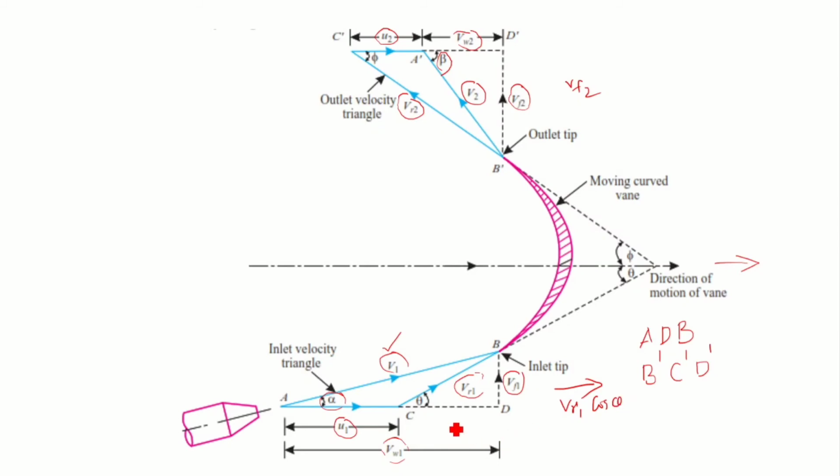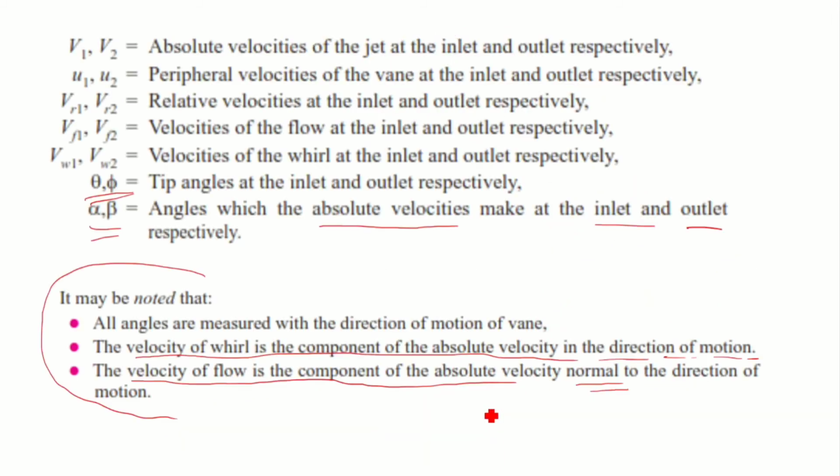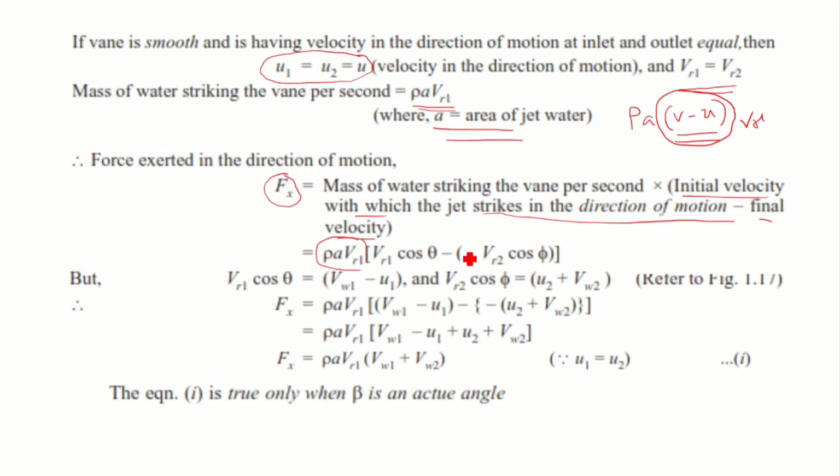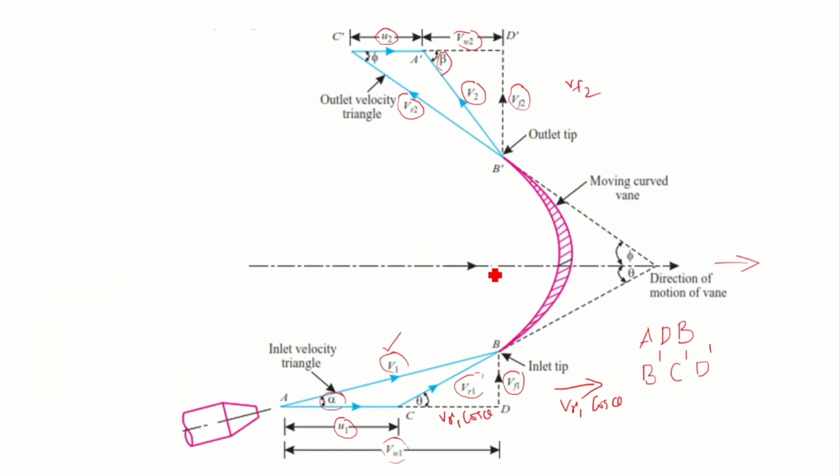Similarly, the relative velocity with which the jet leaves the plate is VR2.